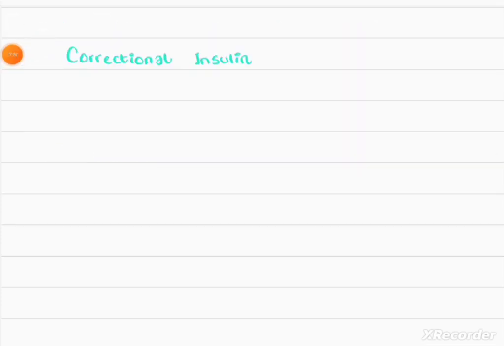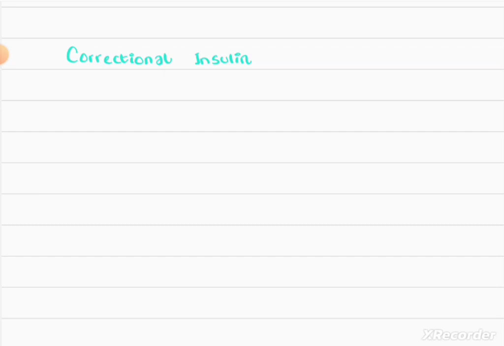Now there is a concept of correctional insulin needs as well. There are patients who are taking basal and bolus insulins, and regardless of their insulin concentrations, their glycemic control is not well controlled. So they have hyperglycemic excursions despite optimal basal bolus therapy.